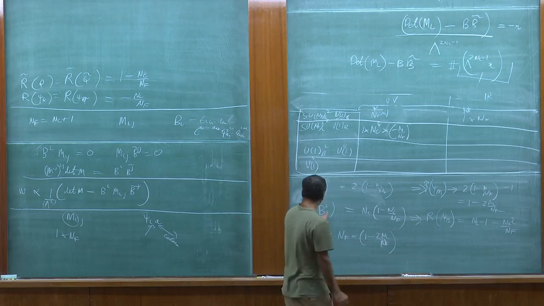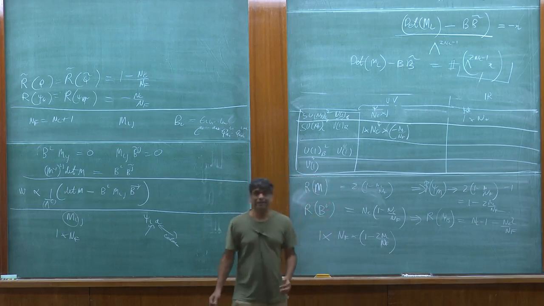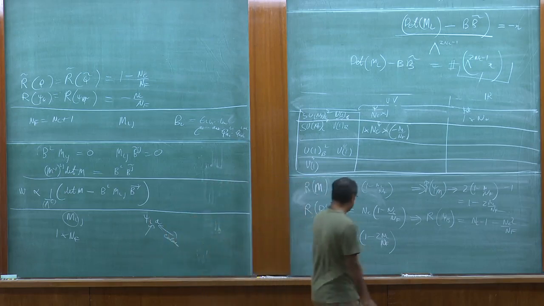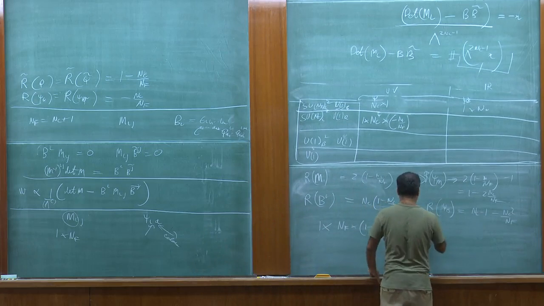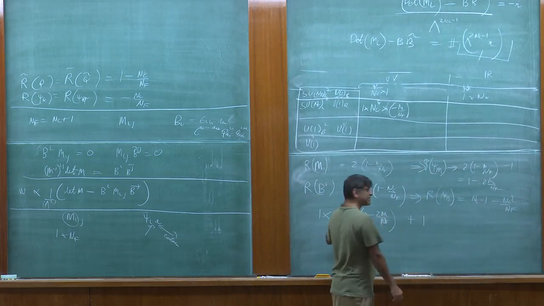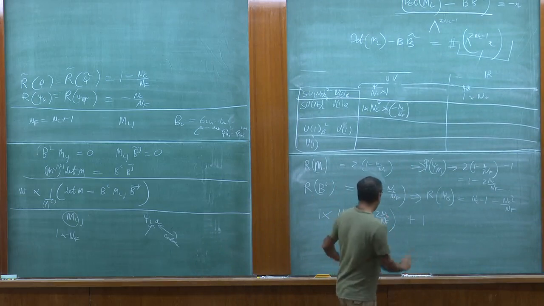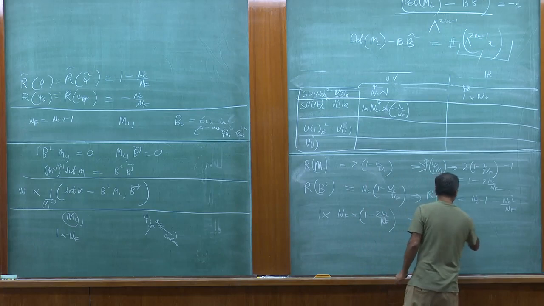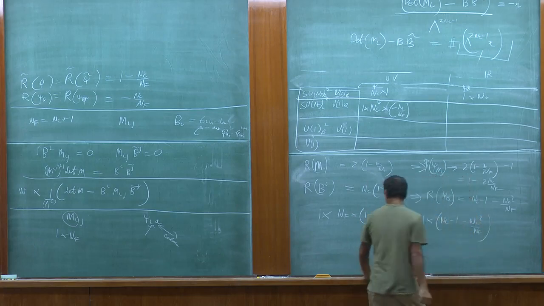Now let's look at the contribution from B. B under SUNF is just a fundamental, so we will get 1, no extra multiplicity index, times its R charge, times NC minus 1 minus NC squared by NF.